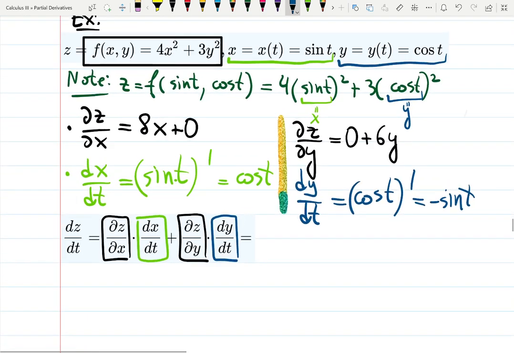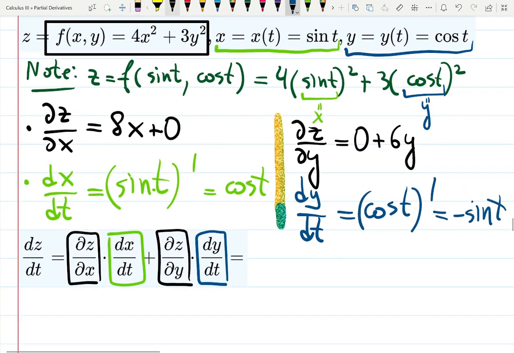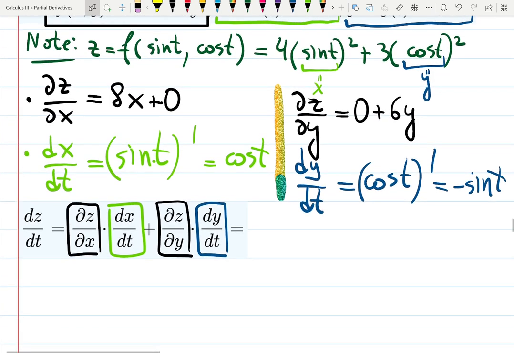And we are ready to complete this derivative with respect to t. So you see, all of this struggle is because I'm digging into the smallest Russian doll. The smallest Russian doll I have. And I have to multiply now. In black color, dz over dx is 8x.